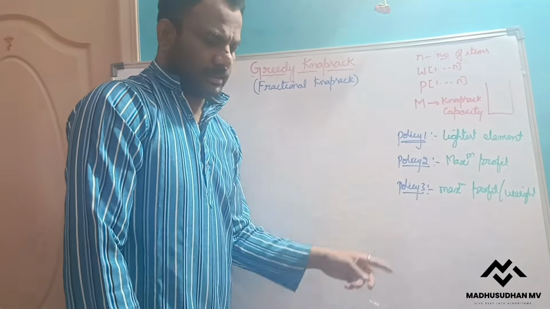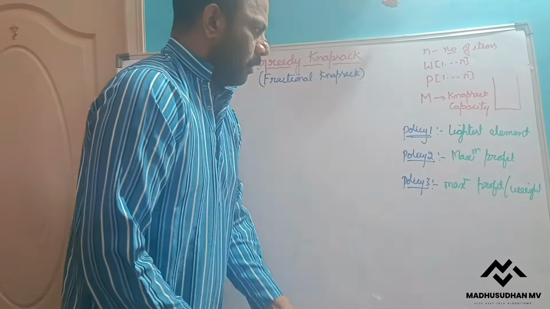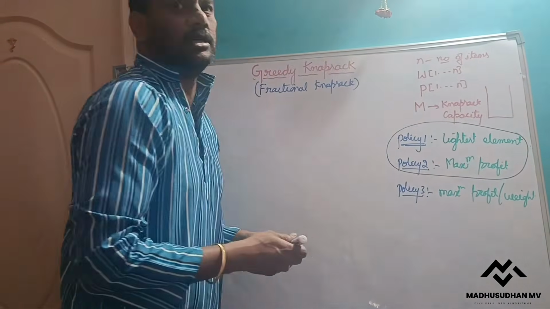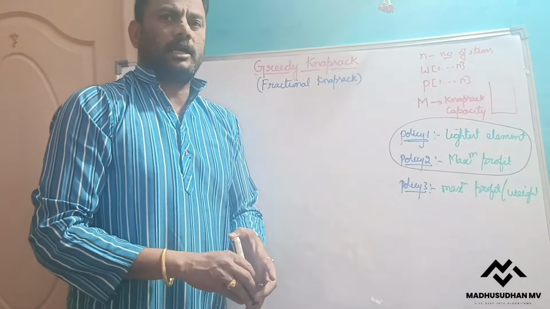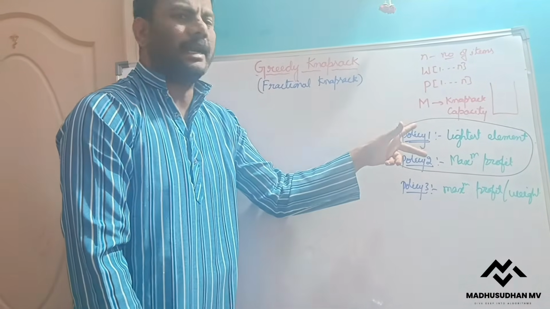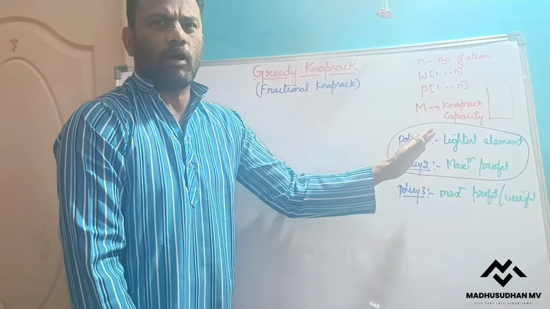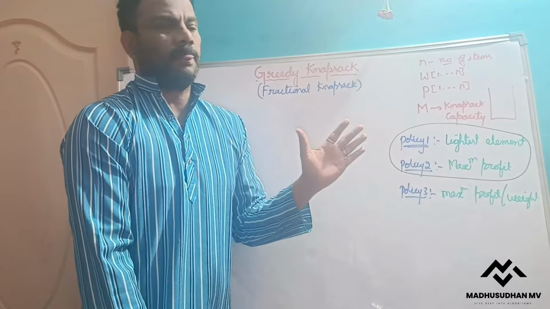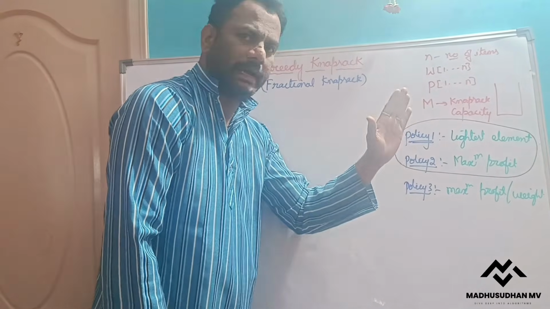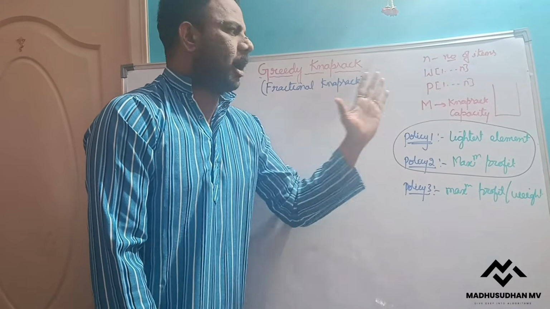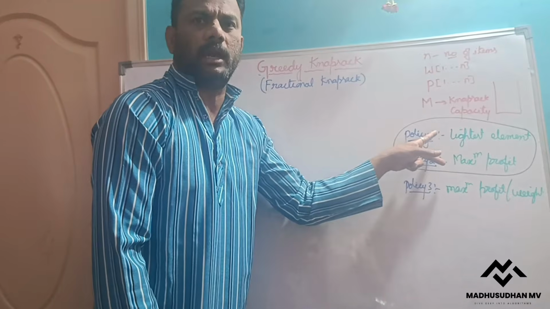Out of these three policies, the first two will give the optimal solution only rarely. That means 10 out of 10 times we are not getting the optimal solution if we select policy 1 or policy 2. It may give the optimal solution, but it never guarantees it.